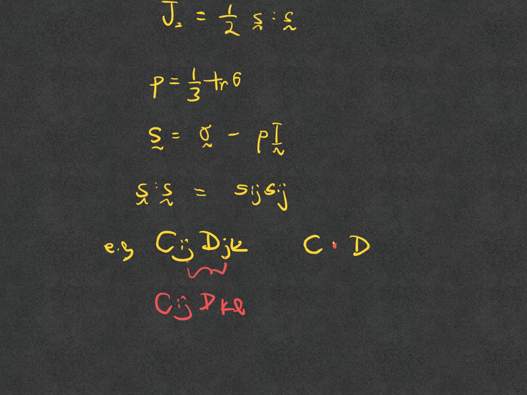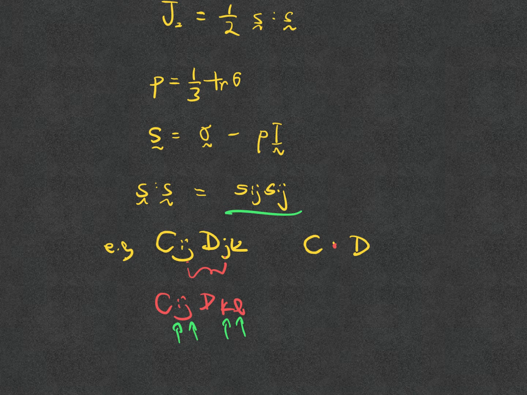So the number of non-repeated indices actually tells you the dimensions of the physical quantity. If nothing is repeated, then the number of free indices equals the physical quantity's dimensions. If all the indices are repeated, like what you see here, then what we get is a scalar.